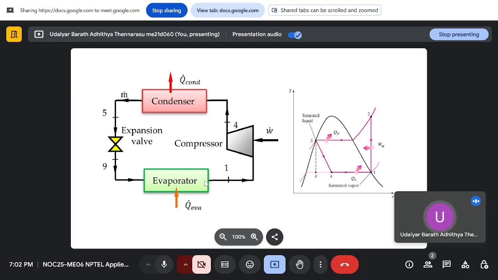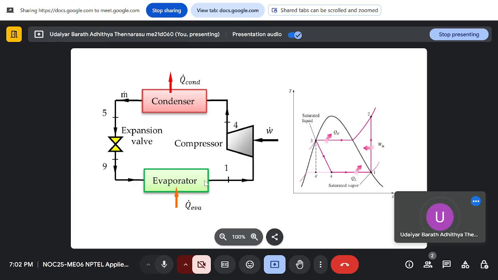Previously, all our aim was to get work done. So we needed power output to run something. So our main aim of the cycles was to produce power. This vapor compression cycle is a refrigeration cycle.